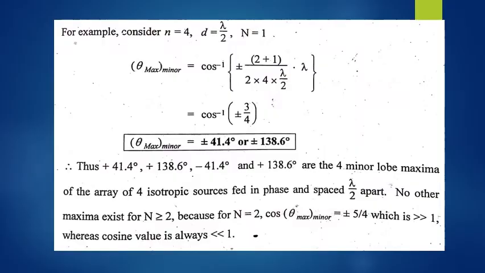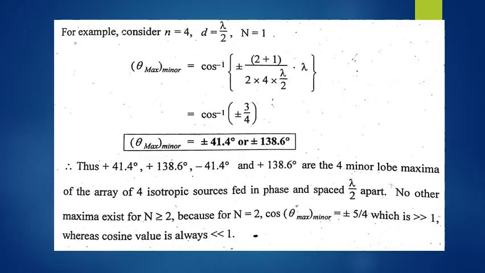Now we substitute n equal to 4, the number of isotropic radiators, and d equal to lambda by 2, the spacing between the elements, and the integer N equal to 1. After substituting all these values, we get theta equal to cos inverse of plus or minus 3 by 4.